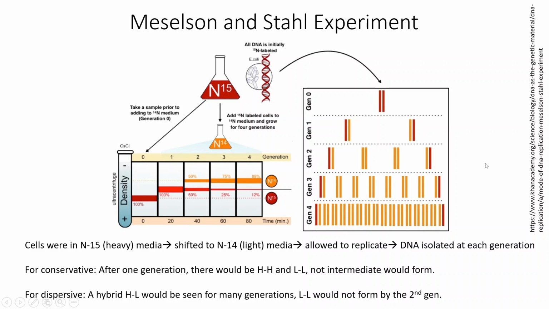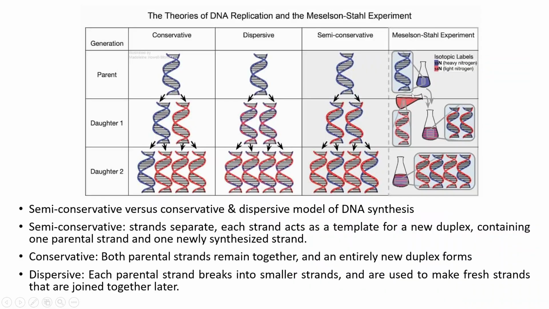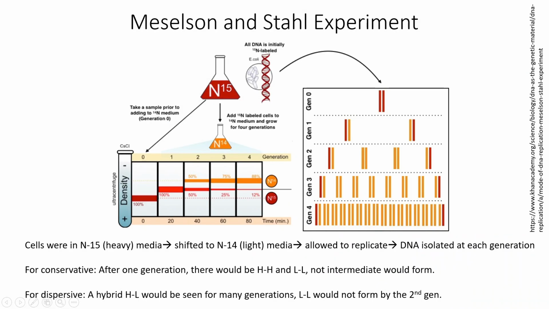So at generation 0, where you only have the 15N labeled E. coli, the DNA will be fully heavy, both strands fully heavy. Then they looked at the first generation and saw an intermediate band, a hybrid of light and heavy.